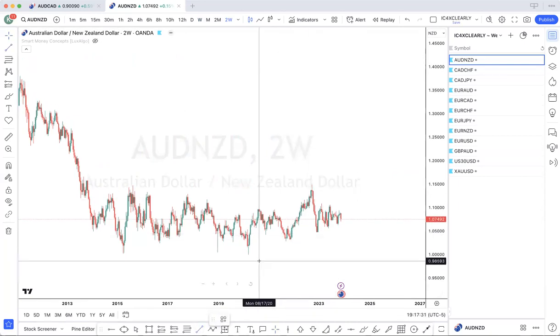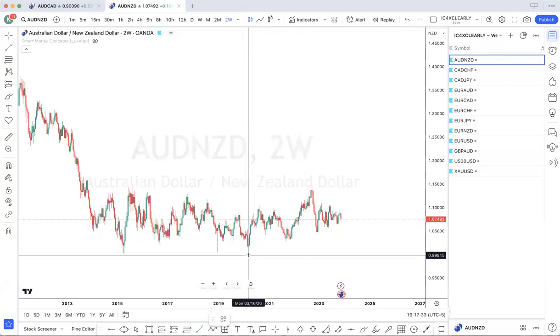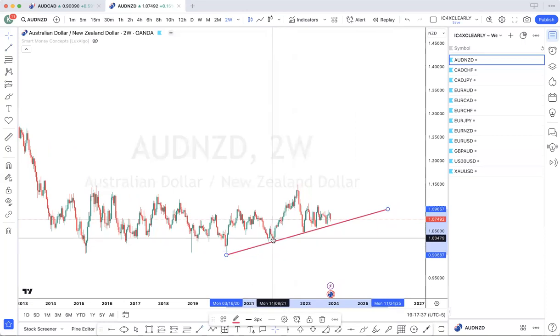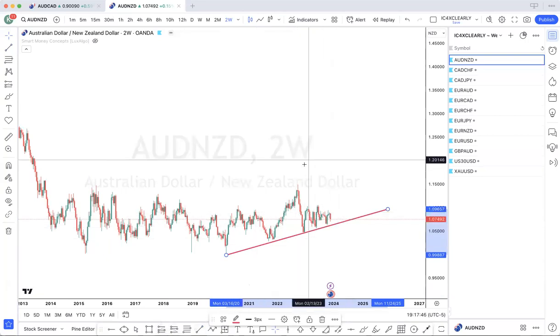As we can see here, you're having higher lows, and you see a little flag here.